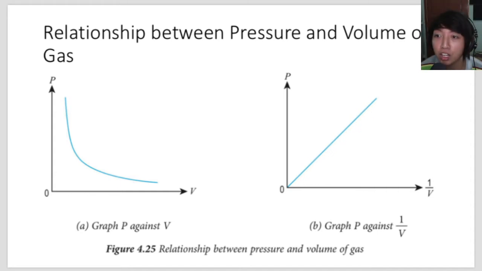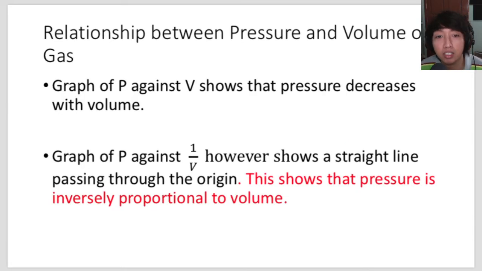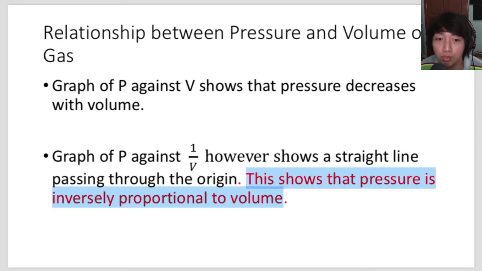Pressure goes up. So what do you call that relationship, when one goes up, the other goes down, or the opposite? We have a word for that relationship. We say that pressure is inversely proportional to volume, meaning when one goes up, the other goes down.